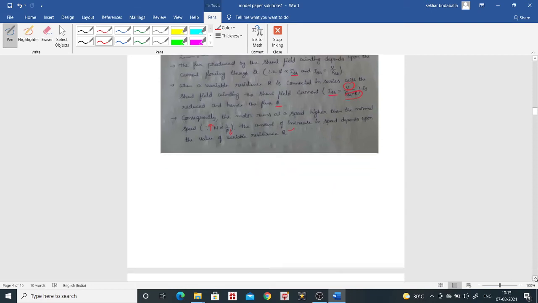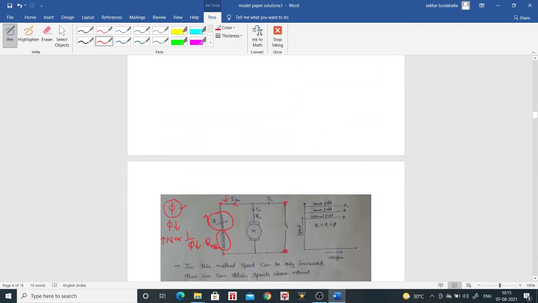Now, if I draw the torque versus speed characteristics, as the torque increases, the speed does not change in a shunt machine, but this is at different values of flux. This is the rated flux phi, and the motor is rotating at the normal or rated speed. As I insert a resistance in series with the shunt field winding, the flux decreases from phi to phi 1.